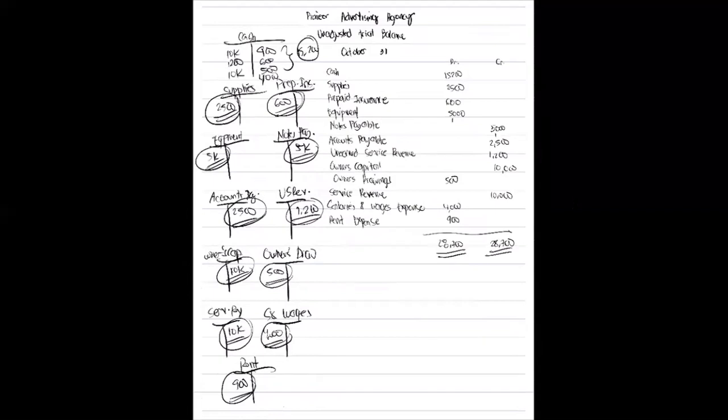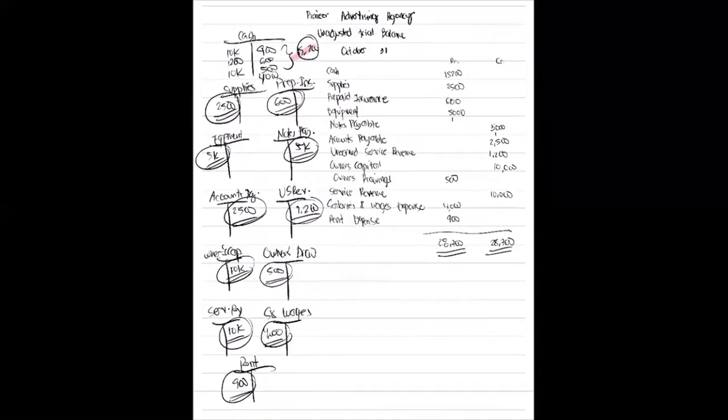So, is the cash 15,200? 15,200, 15,200. Supplies, 2,500? 2,500. Prepaid insurance, 600, 600. Equipment, 5,000, 5,000. Notes payable, 5,000, 5,000. Accounts payable, 2,500, 2,500. Unearned service revenue, 1,200. And then we have your owner's capital of 10,000, 10,000. Owner's drawing of 500, 500. Service revenue of 10,000, 10,000. Salaries and wages, 4,000, 4,000. And then rent, 900, 900.